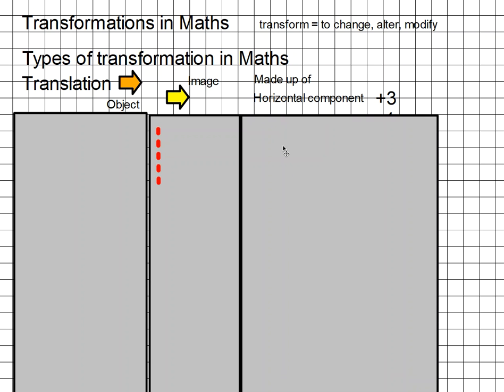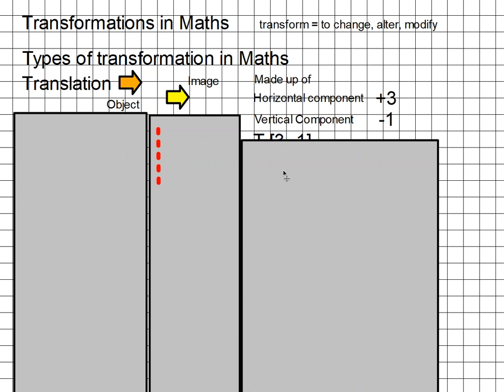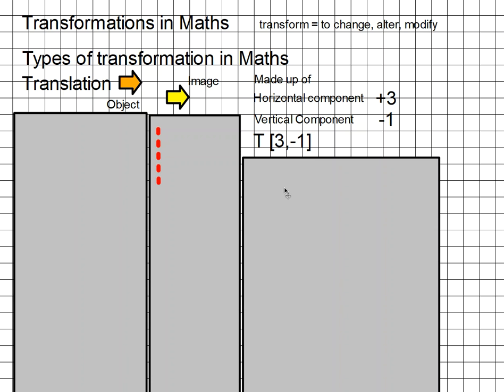So we say the translation is made up of a horizontal component of +3, 3 in the x direction, and a vertical component of -1, 1 down in the y direction. Or sometimes it's just summarized as a vector, t brackets 3, -1. So that's our first type of transformation in maths.